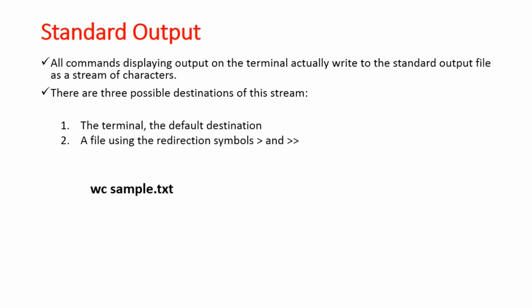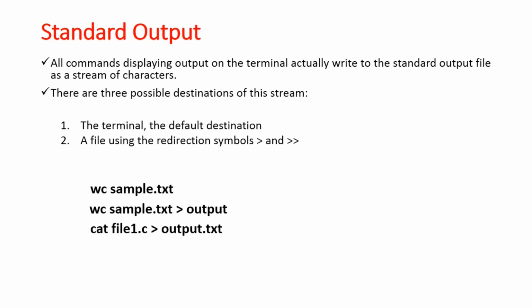Second, a file using the redirection symbol, the greater than symbol. Using the redirection symbol, you can send the output to a file. Let us see the example here: the word count command, the file name sample.txt, greater than output.